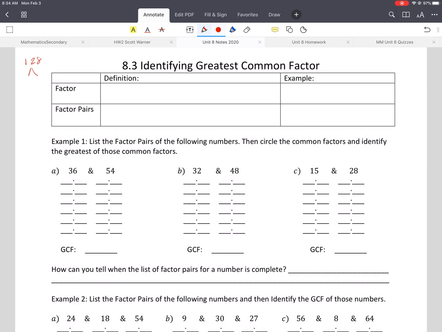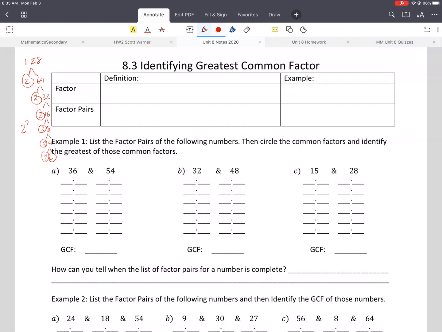So, for example, you could do 2 and 64, 2 and 32, 2 and 16, 2 and 8, 2 and 4, and 2 and 2. So here the prime factorization would be 2 times 2 times 2 times 2 times 2 times 2 times 2, or we could also write that as 2 to the 7, since there's 7 of them.